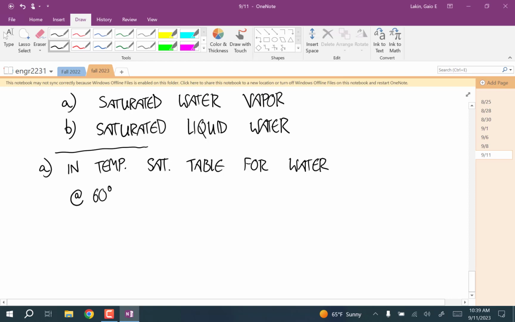At 60 degrees Celsius, we have a pressure of 0.1994 bar and a specific internal energy of 2456.6 kilojoules per kilogram.